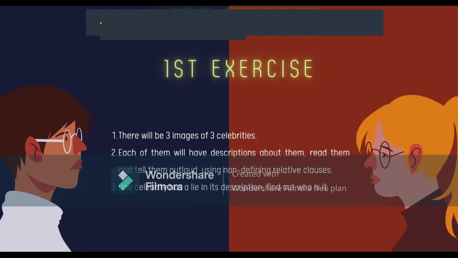So you need to read them, and when we ask you about it, you have to tell us the same descriptions, but using non-defining relative clauses. And one celebrity has a lie in its description, so you need to find who it is. And when you find it, you need to tell us which one it is, but using a non-defining relative clause. Do you have any doubt? No.